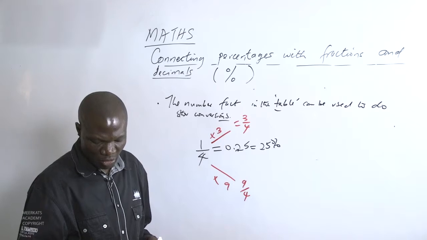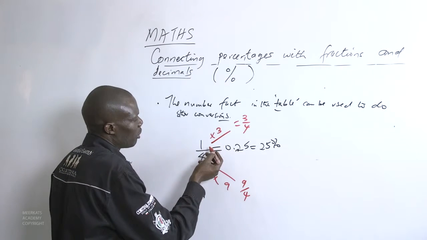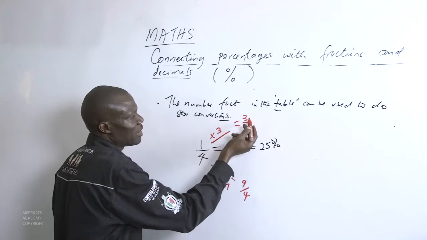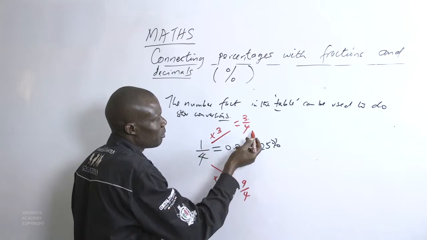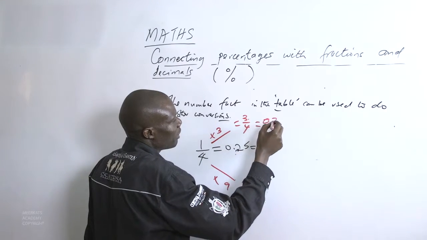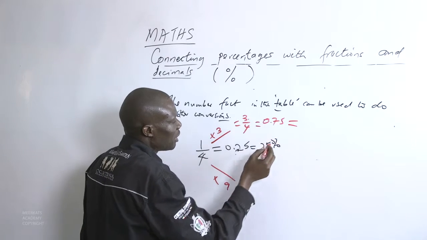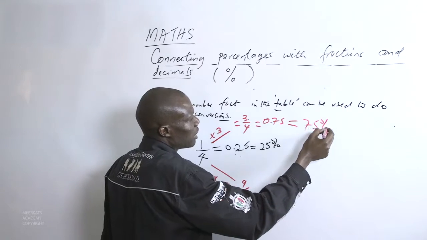We can simply get what we require. Why are we saying that? If we multiply a quarter by 3, it is 3 over 4. In decimal, it will be 3 multiplied by 0.25, which will be 0.75, which is 75%.